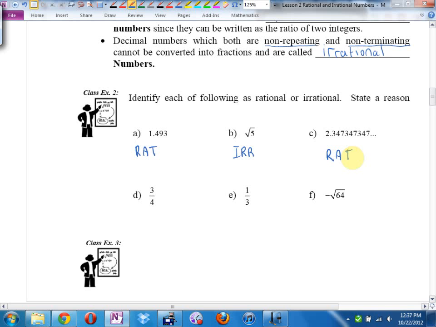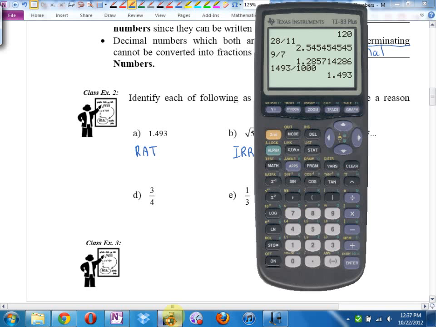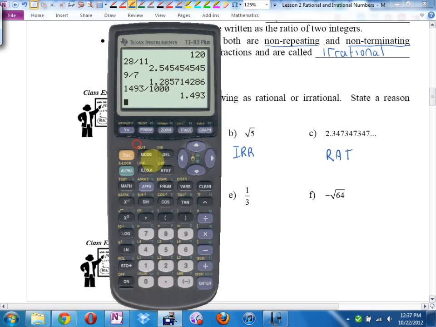does anybody know how you would get 347, 347, 347, 347 to appear as a fraction? Okay. How many numbers are repeating grand total? 3. Go to your calculator. This is how you create repeating fractions. Type in the 3 numbers that are repeating.